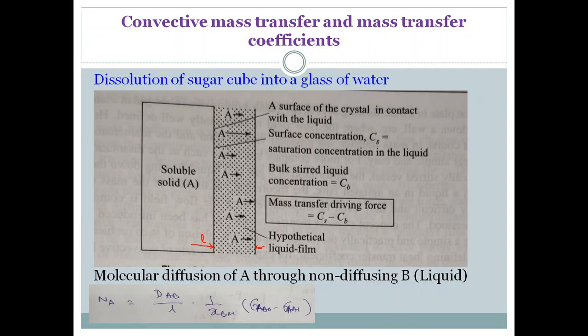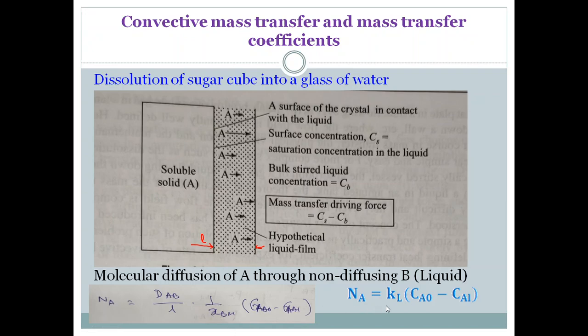The same phenomenon is happening here, and that's why I am writing the mass transfer flux NA equal to KL times (CA0 minus CAL). In the case of turbulent flow, this is the mass transfer coefficient, KL. Now what is KL? KL will be DAB over delta, the boundary layer thickness under turbulent or motion condition, times 1 by XBM.